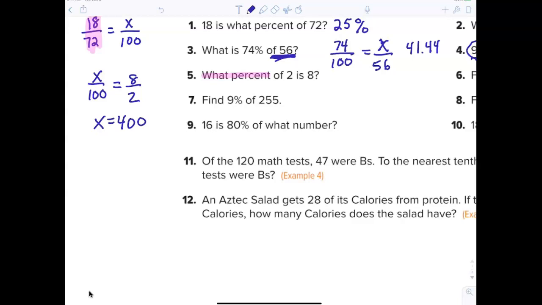But it's 400 what though? Percent, because it's asking for percent. 400%. 8 is 400% of 2. Do you agree with that? I just wrote it wrong. Right, the right answer. Are we okay with that?